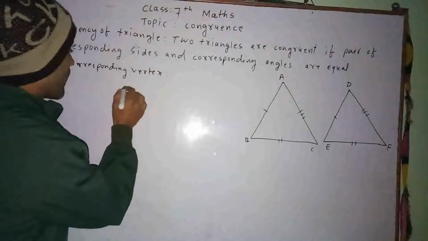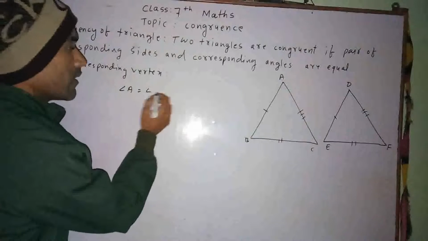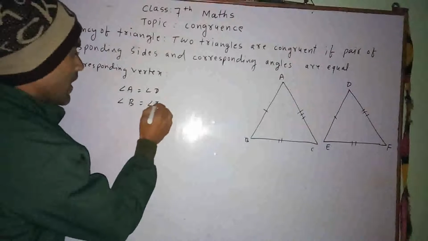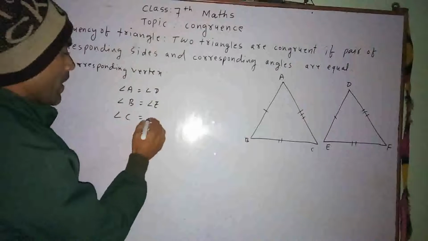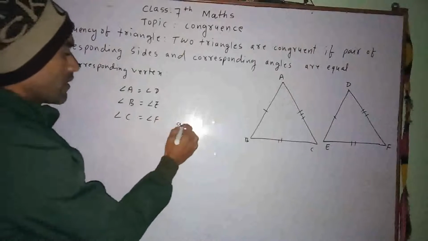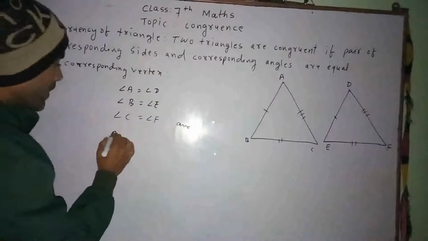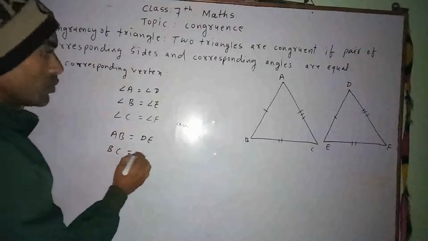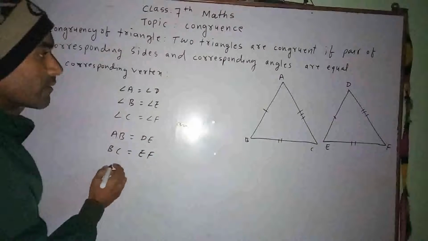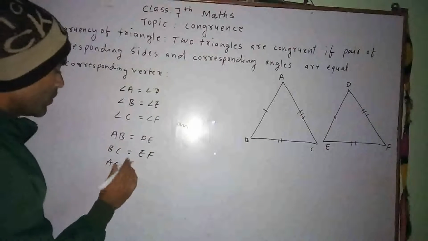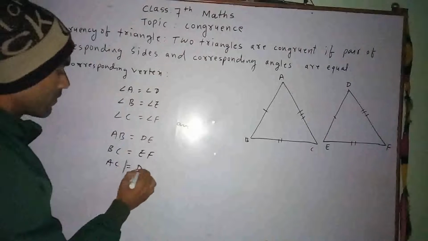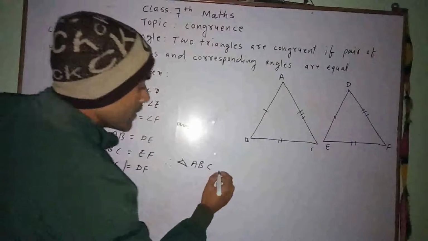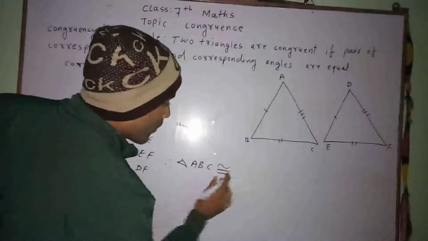So if angle A equals angle D, angle B equals angle E, and angle C equals angle F, and corresponding sides AB equals DE, BC equals EF, and AC equals DF, then only we can say that triangle ABC is congruent to triangle DEF.